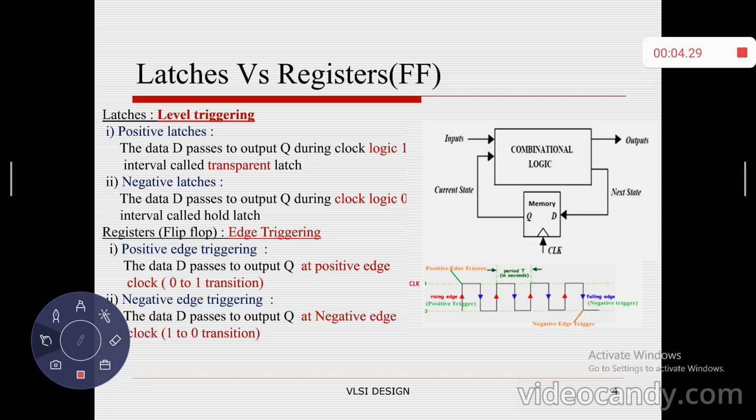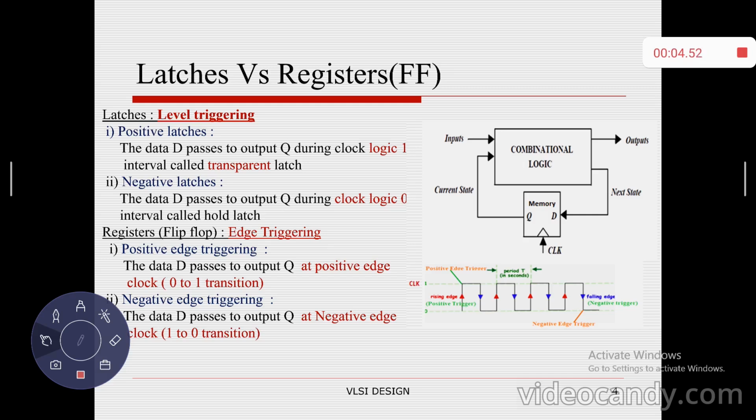What is a clock signal? Kindly look at the waveform. It is a periodic square pulse. One complete cycle of a clock signal is the time duration of the logic 0 interval plus the logic 1 interval, correct?